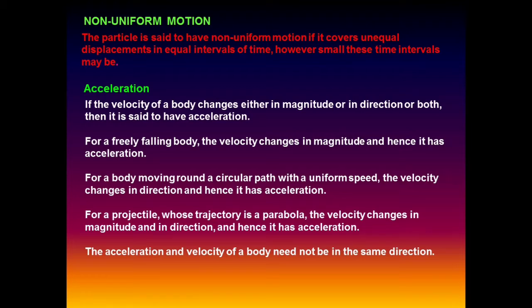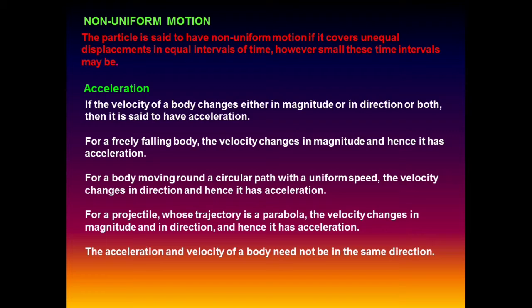For a body moving round a circular path with a uniform speed, the velocity changes in direction, so it has acceleration. For a projectile motion, take a projectile whose trajectory is a parabola. The velocity changes in magnitude and in direction, so it has acceleration.